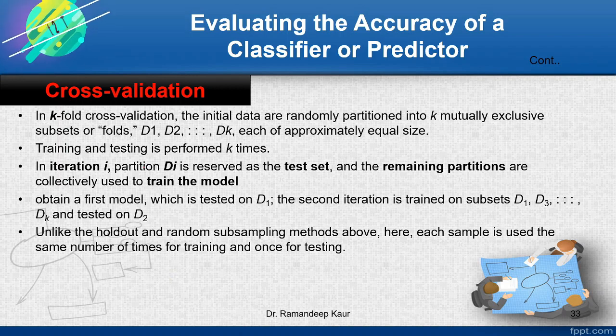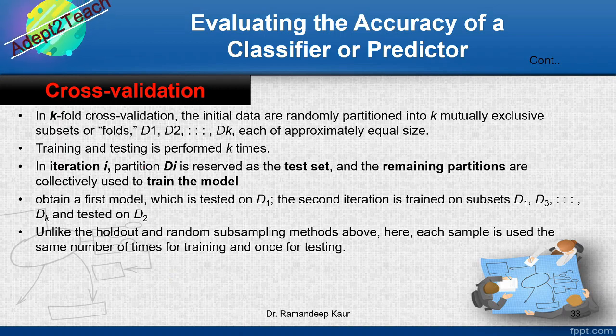For the first iteration, I will omit the first data set, D1, and treat the rest, D2 to D10, as the training data sets and train the model. Then when I have to test the model, I will test it with D1. Next time, in iteration 2, I will take D1, omit D2, and take D3 to D10 as the training data sets.